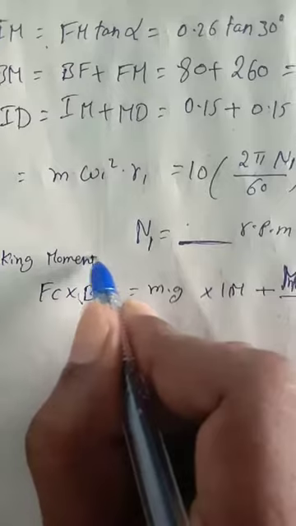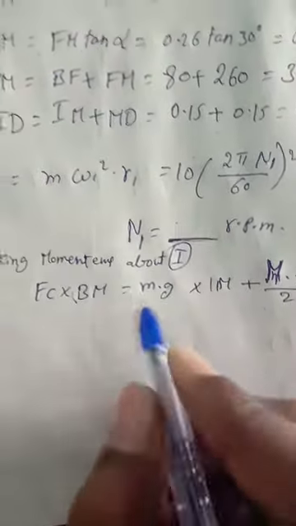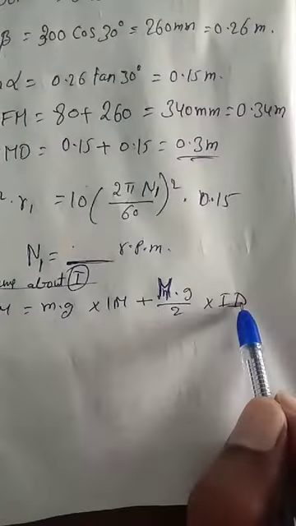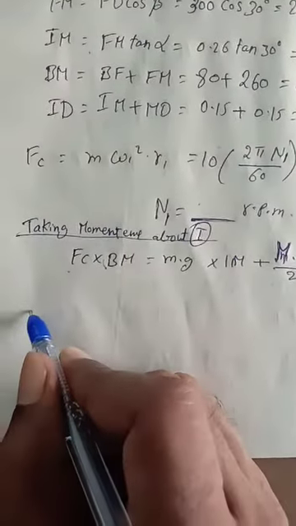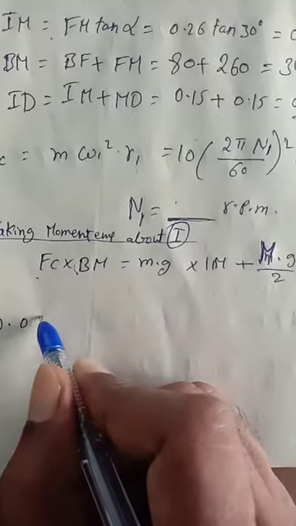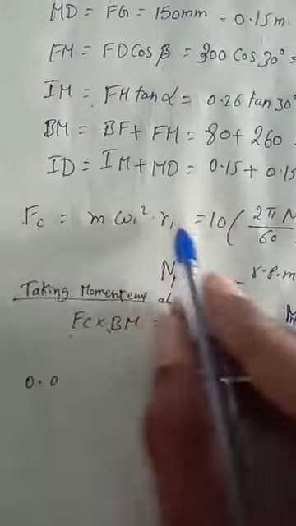Taking moments about I, it will come to this equation like this. And then substitute all the values here. Here we find only Fc.